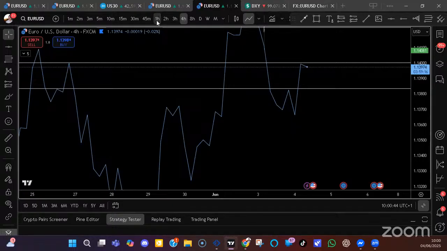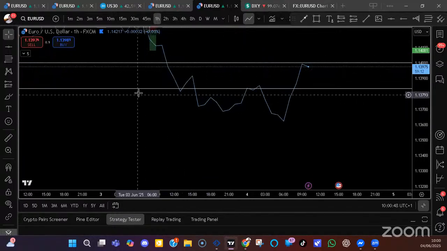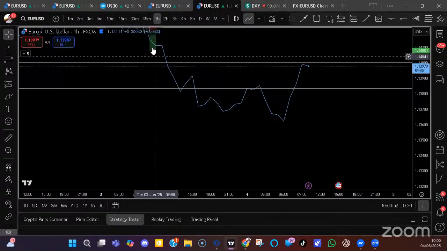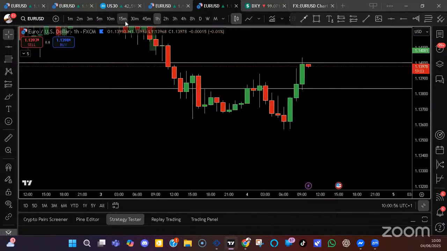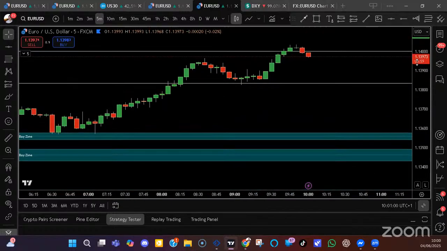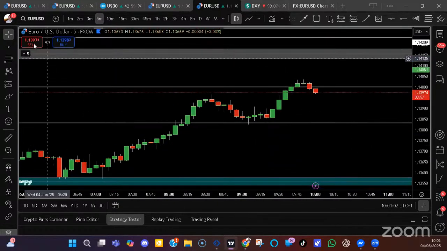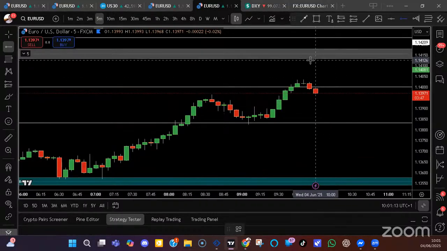Going down to the hourly now, nothing much changed there. So we'll go off the line chart and put it on the 5 minute, and we will indeed mark up our areas of interest.